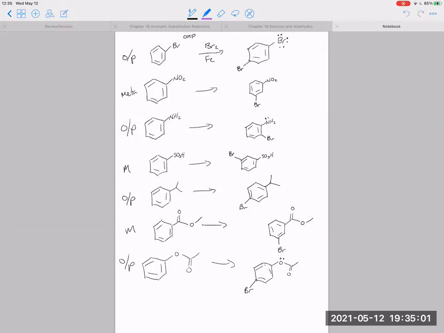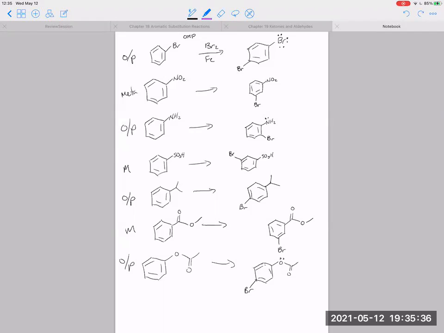But that's the simplest rule that I can give you guys for when you can expect something to be an orthopara director: if it has that lone pair. Remember, if it has that lone pair, it can donate those electrons to the ring. And that's really the root of orthopara directing versus meta directing, whether you're electron donating or electron withdrawing. I don't want to spend time drawing all these resonance structures, but that's exactly how you can demonstrate that something is orthopara or meta directing, so it's a good idea to review that in your notes.